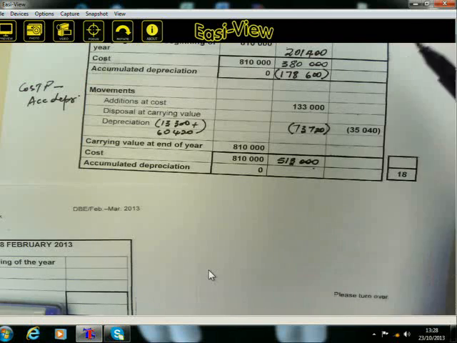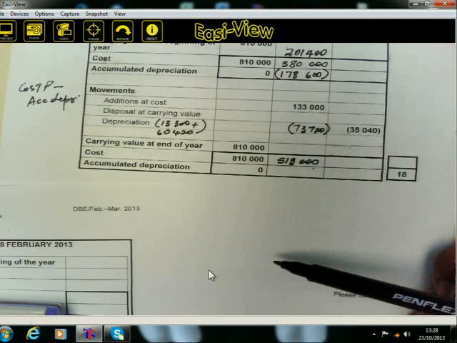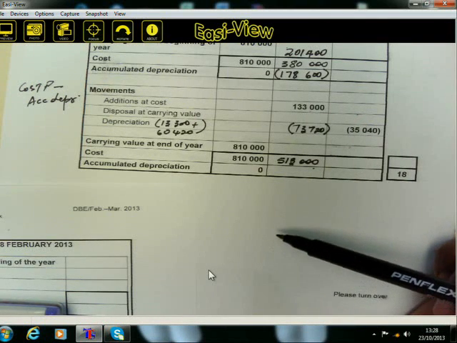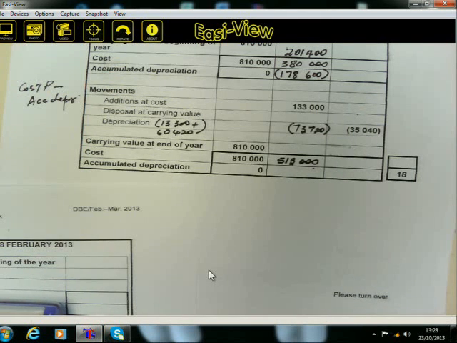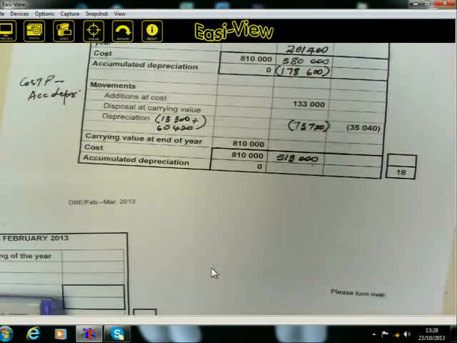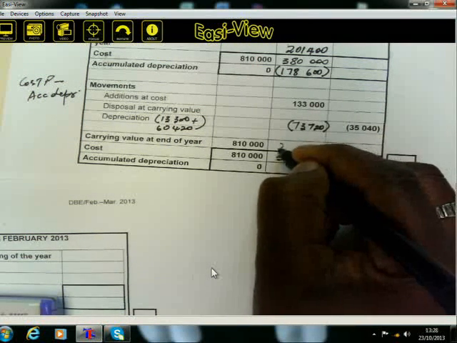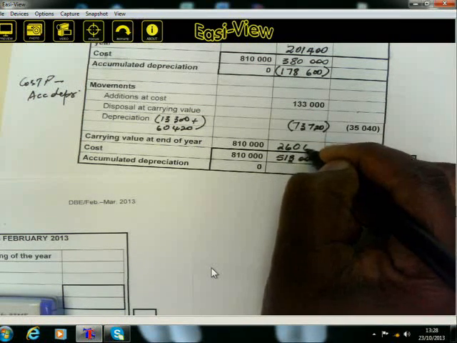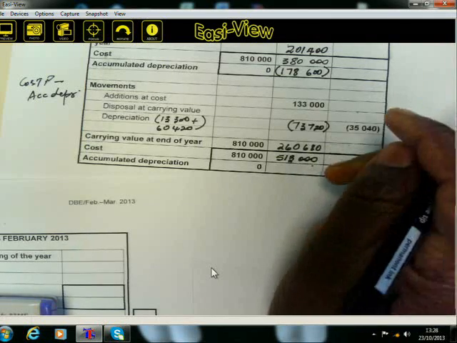We add for the vehicle 133,000. There was additional cost. And then we subtract the depreciation at 73,720. And the carrying value is 260,680, if that is correct.